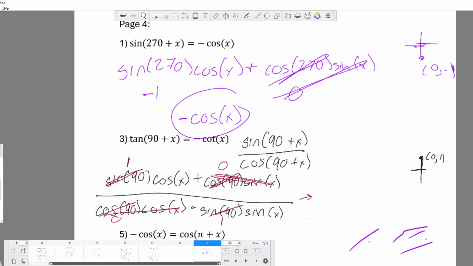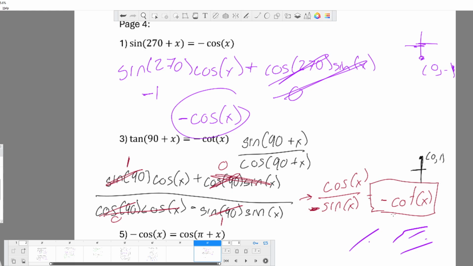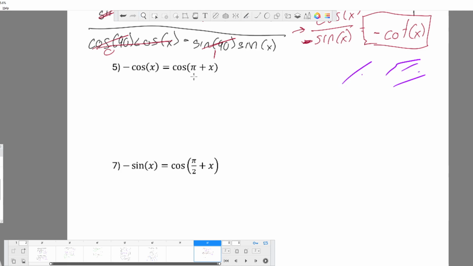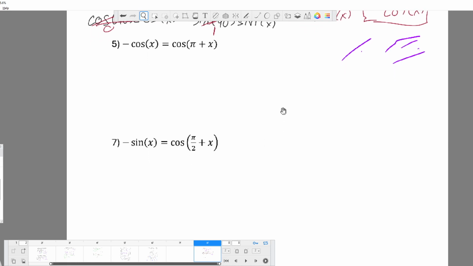So when we clean this up a little bit, we've got cosine of x over negative sine of x, and that is where we're getting our cotangent. This one is just breaking it up on the other side, and that's going to be kind of the case with number 7 as well.